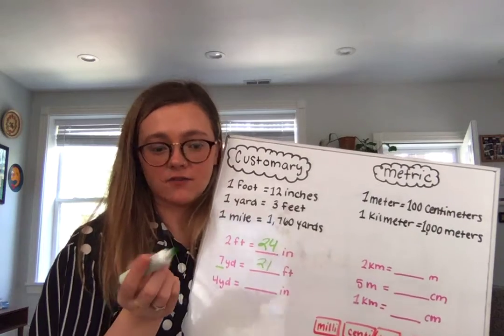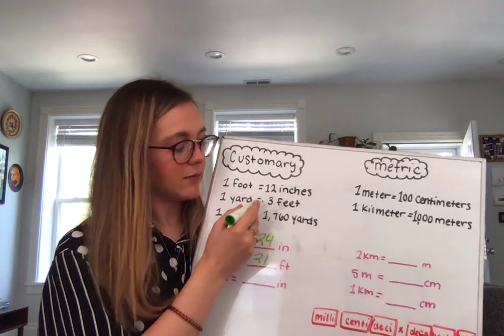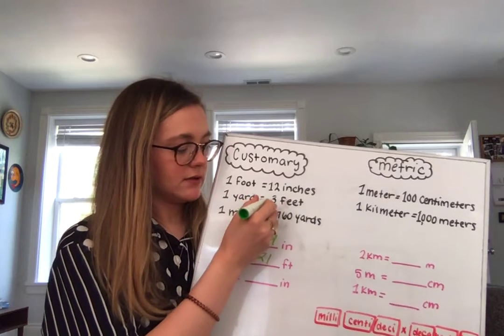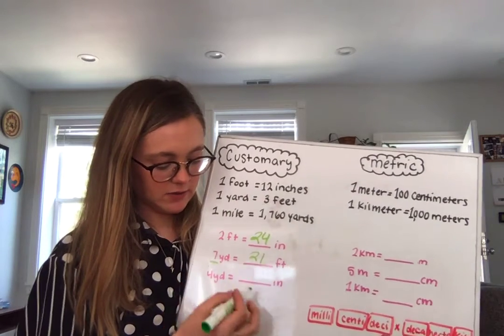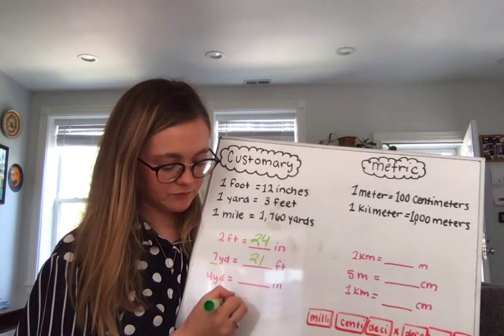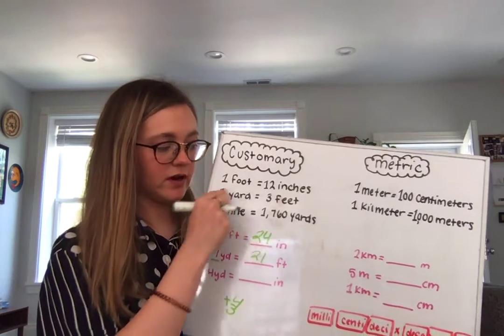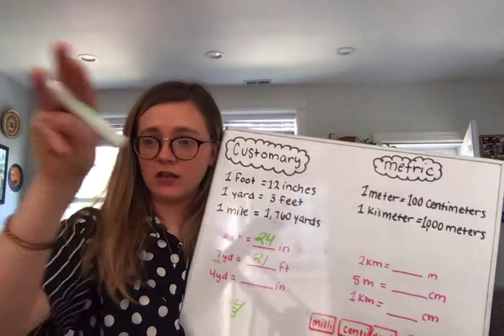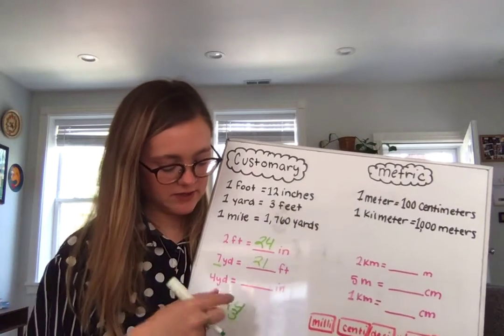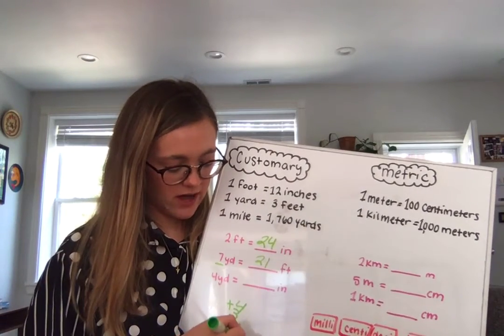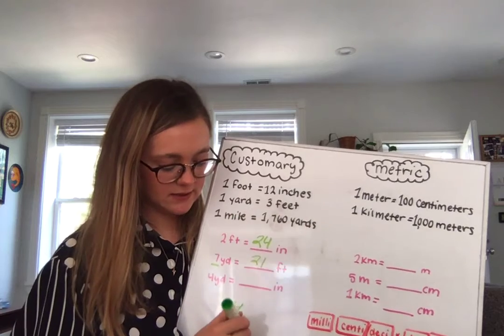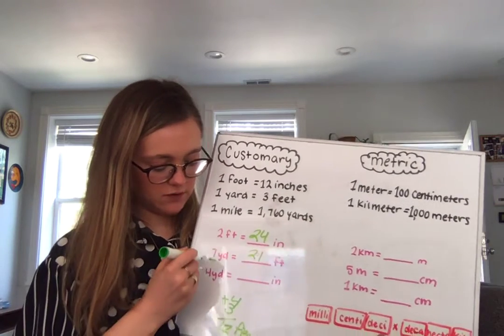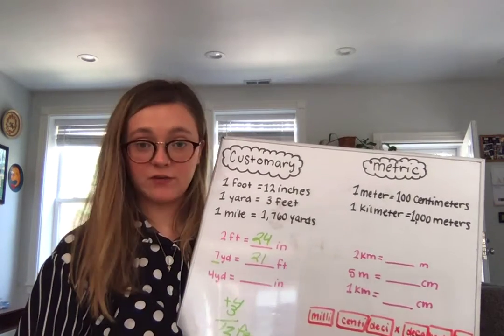Yeah, so let's do that first. 4 yards is how many feet? 1 yard is 3, so I'm going to do 4 times 3, because I want 4 yards, and each yard is 3. 4 times 3 is 12 feet. So I know 4 yards is 12 feet.